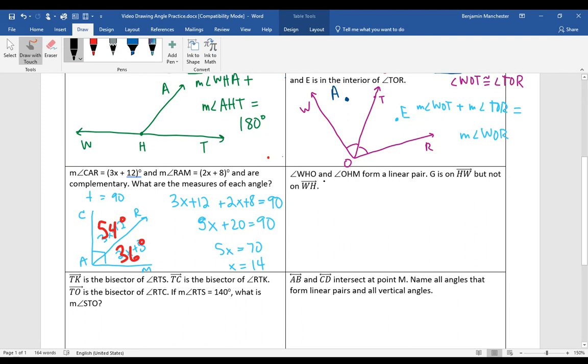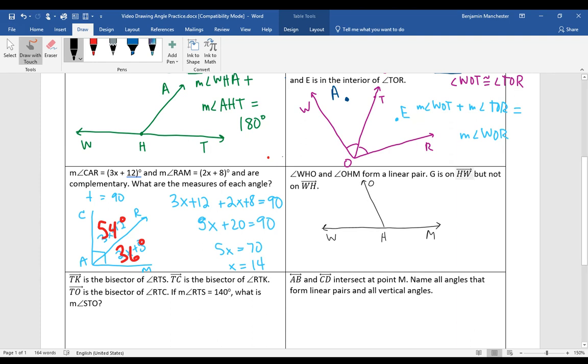All right, so here's another one. Angle WHO and OHM form a linear pair. Okay, I can do that. Here's my straight line, and here's my second ray, WHO. So here's W and H and O, and then O and H and M. Linear pair, check.